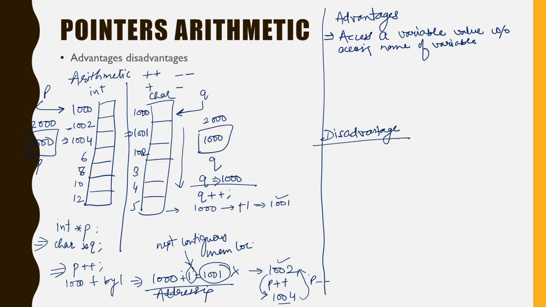Now this also becomes a disadvantage. You have to understand that suppose you have a variable a, which has an address and which stores a code as 0 or 1, such that if it is 0, then the missile will not launch, and if it is 1, the missile will launch.